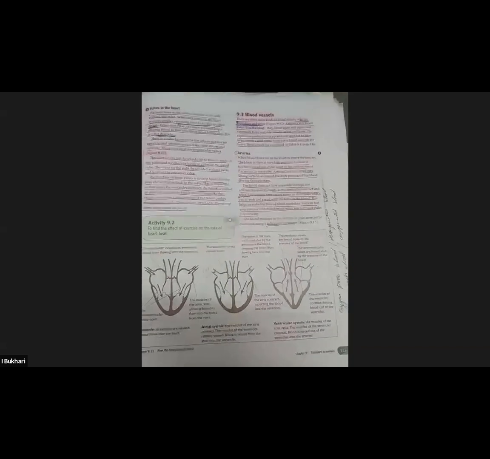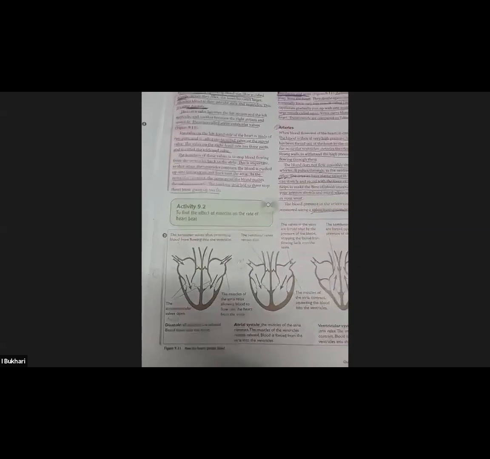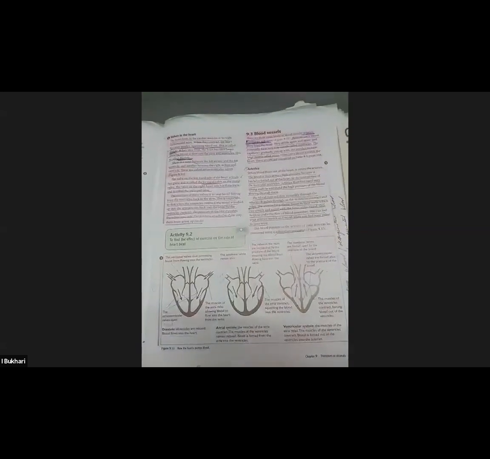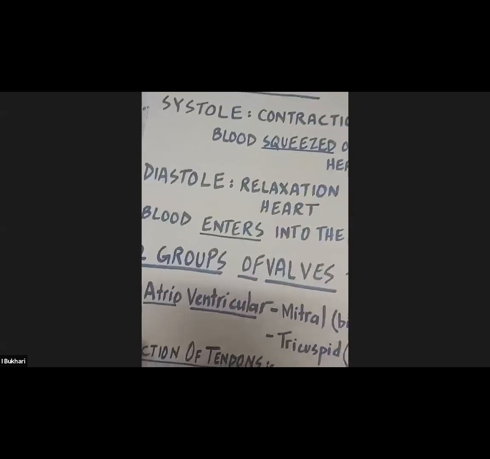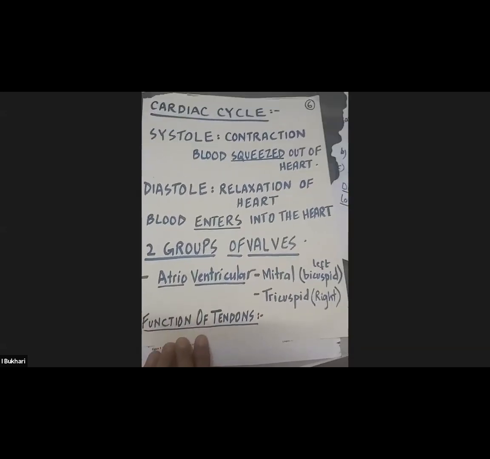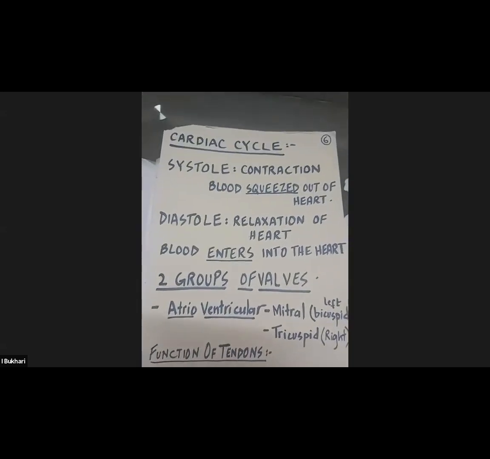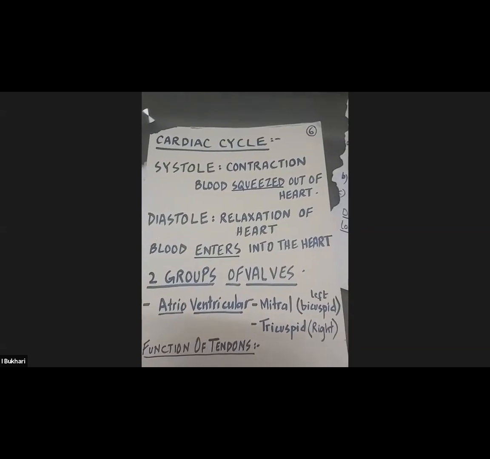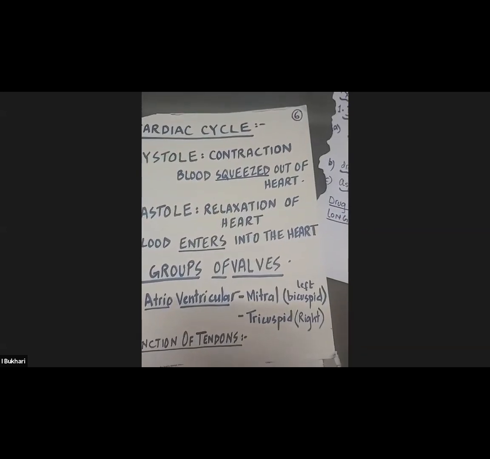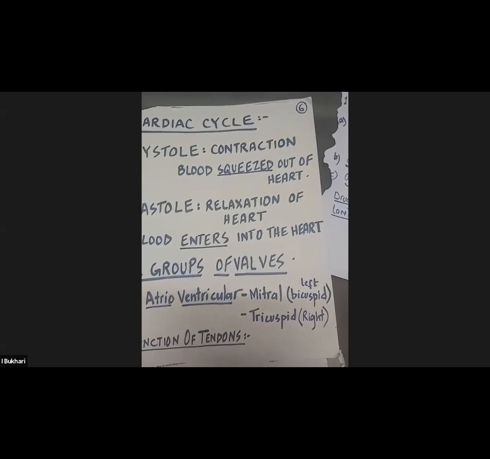Okay, so we will go through this diagram. But before doing that, we have done the valves, right? I don't need to do this again. By the way, somebody was asking what is the difference between bicuspid and tricuspid? The mitral valve is bicuspid, meaning it has two flaps of tissue.